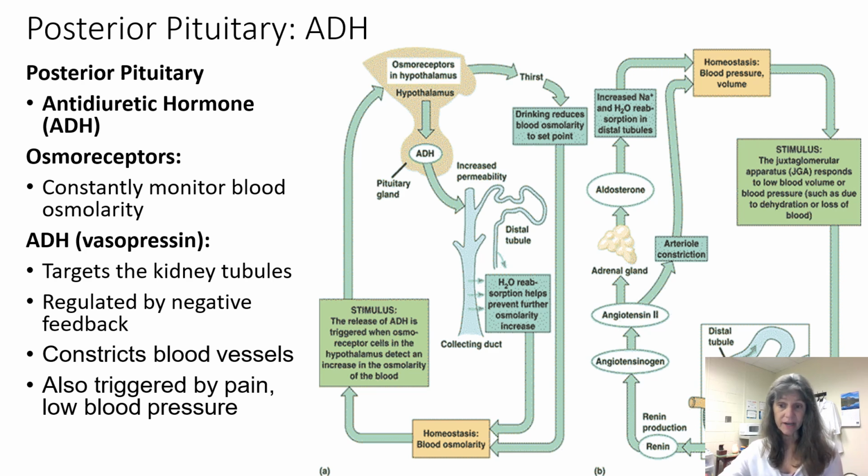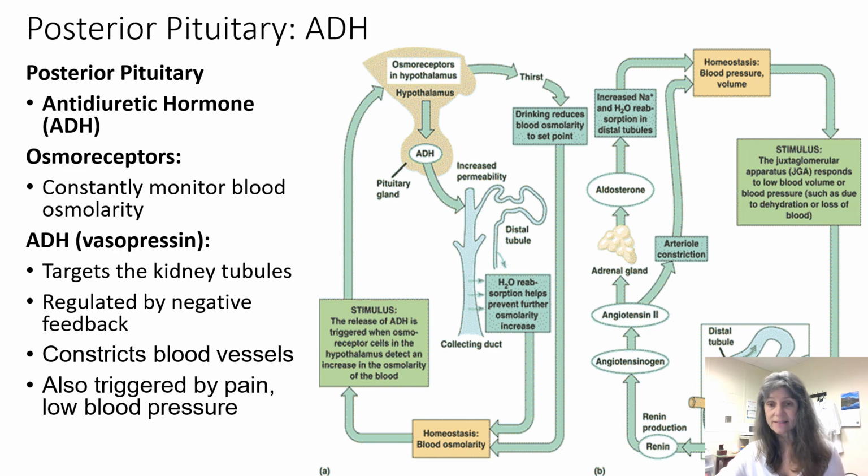When higher osmolarity is detected by these osmoreceptors in the hypothalamus, it stimulates a thirst response, and it also causes the neurons in the hypothalamus to secrete the antidiuretic hormone in the ends of the axons in the posterior pituitary, so that antidiuretic hormone circulates through the body and the bloodstream.